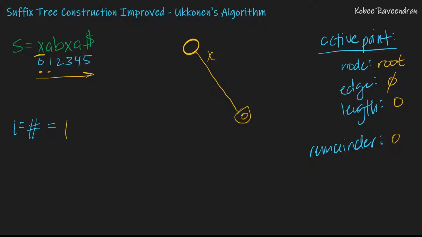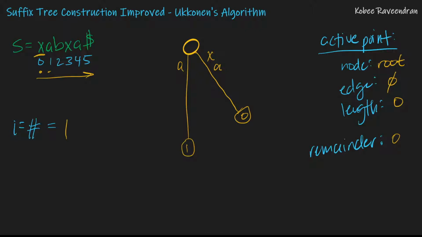Again, I add the a to all of the current leaf edges, and then note that there is no branch that starts with a coming from the current active point. So I make one. Since I've resolved the suffix just a, I can mark that as being the suffix starting from index 1, which is my current iteration.